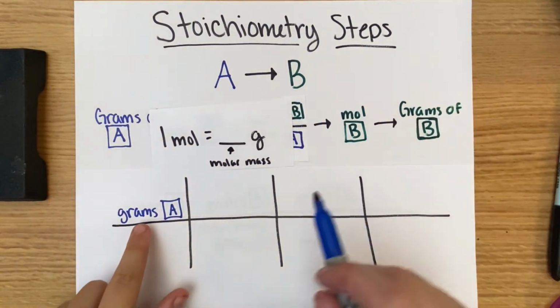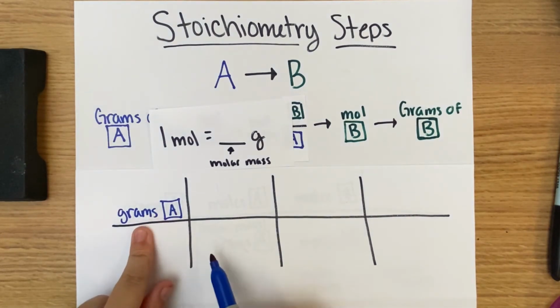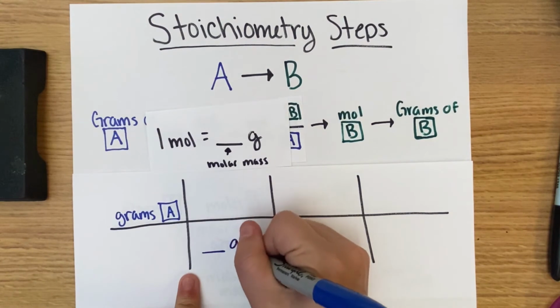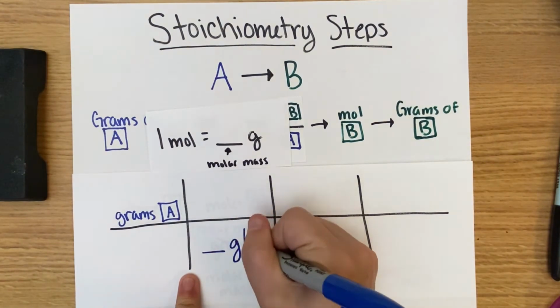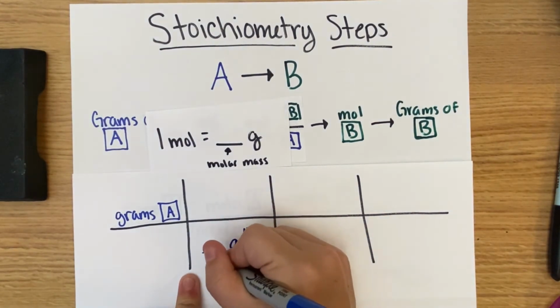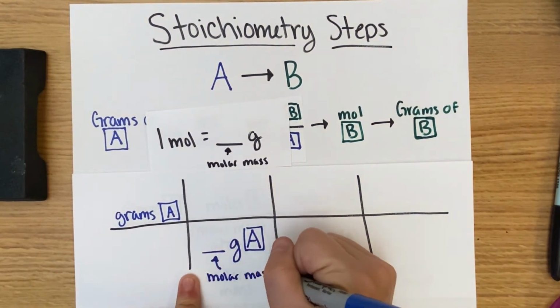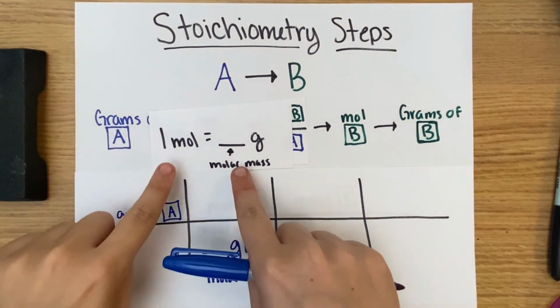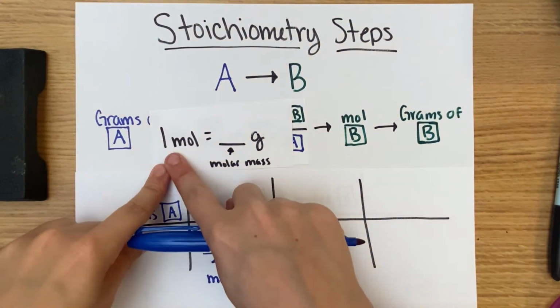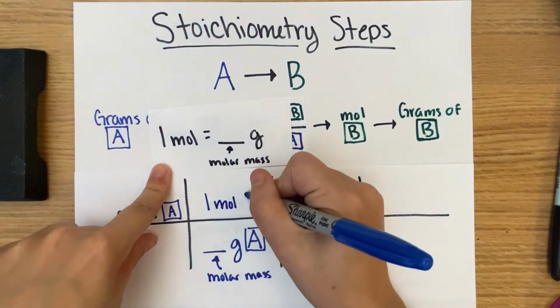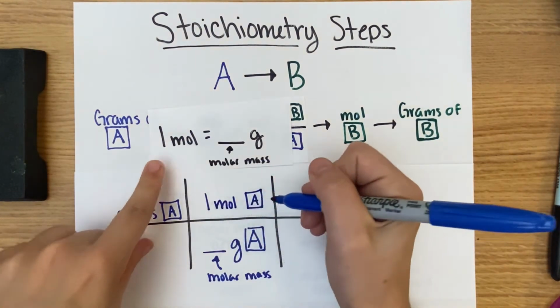So in our T-chart, since we have grams here, we're going to need the grams to go on the bottom. And in that blank is where our molar mass of A will go. And since our molar mass is equal to 1 mole, then the top will be 1 mole of A.